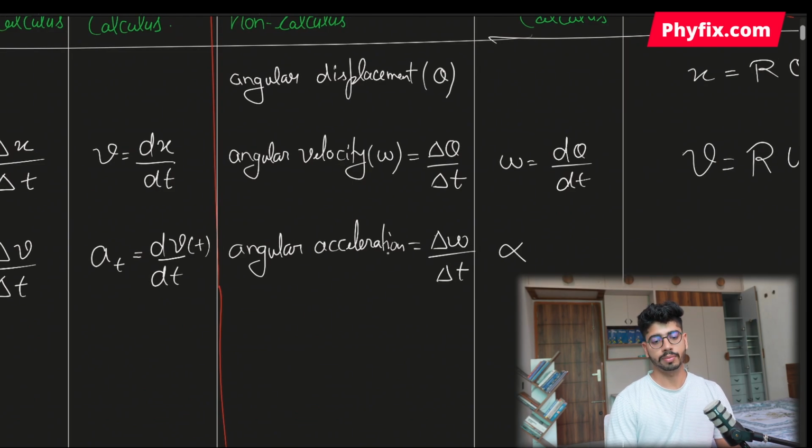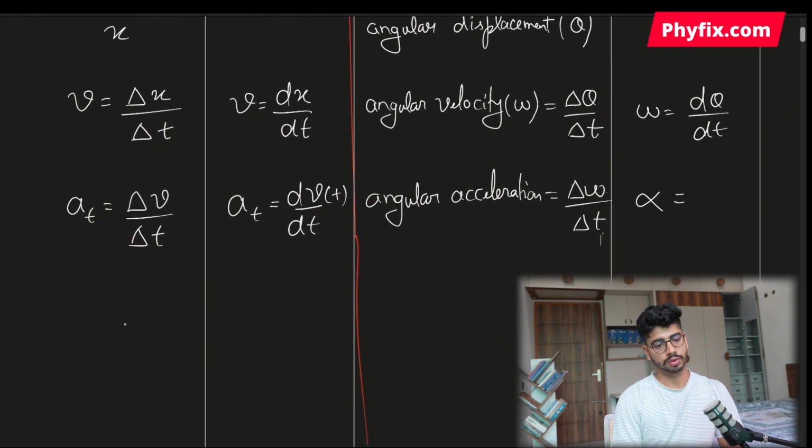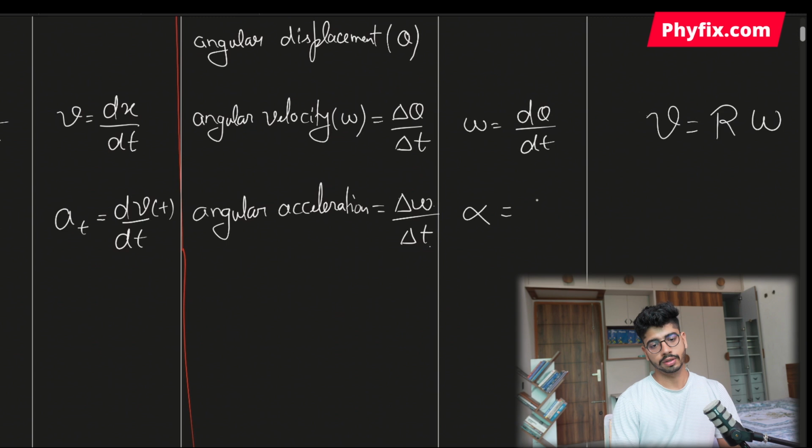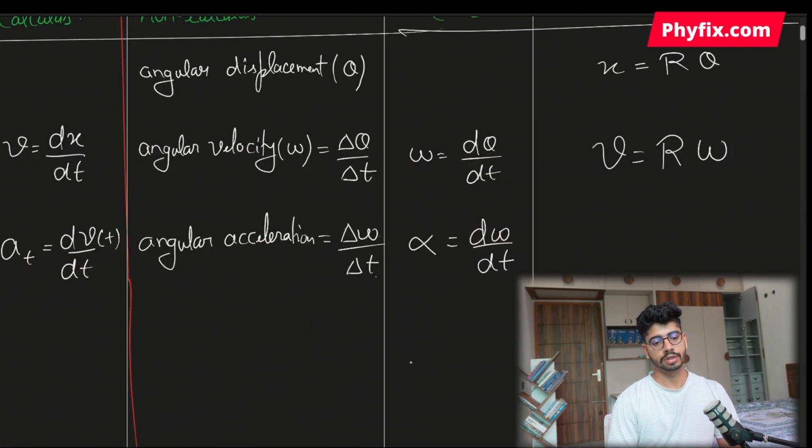This is the alpha variable, by the way. So alpha is the angular acceleration, defined as the rate of change of omega. In calculus, let me write it: d omega by dt. And what is the relationship between that?